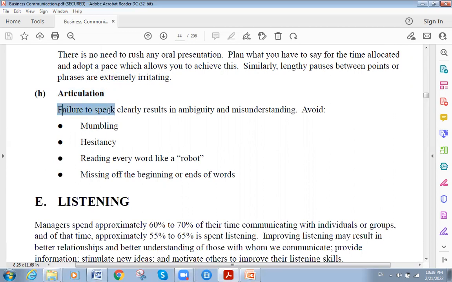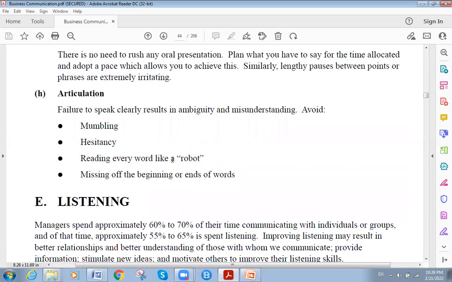If you speak unclearly, what will happen? Misunderstanding. So you have to avoid mumbling, hesitancy, and reading every word like a robot. Don't read like a robot.